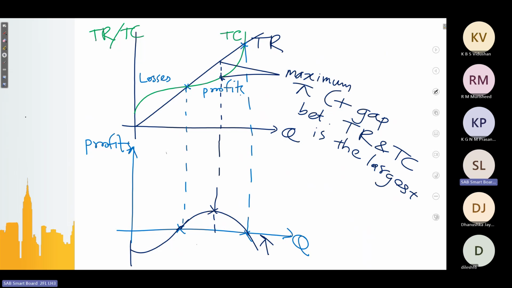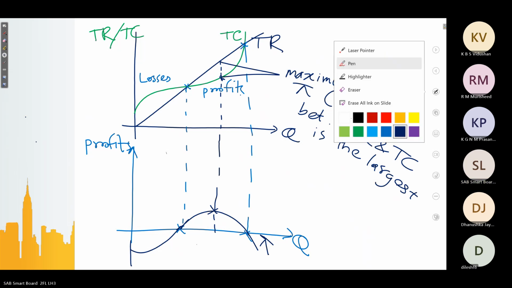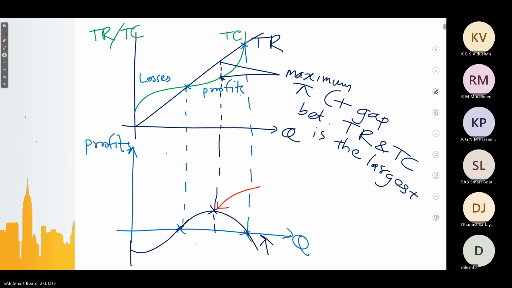We have the highest profit here, the largest profit, or the maximum profit. So the output level corresponding to the maximum point is called the profit maximizing output level.